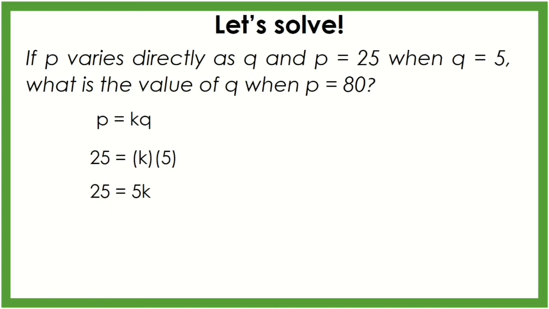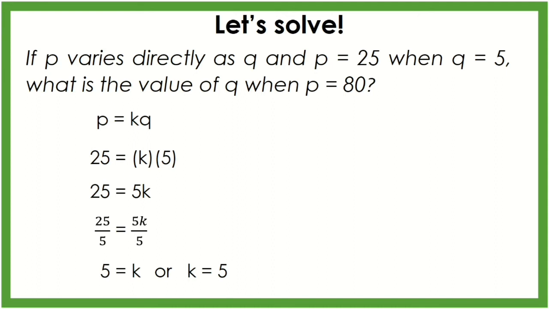And then, we apply the division property of equality. Divide natin both sides by 5 para ang maiwan sa kabilang side ay K. We now have 25 over 5 is 5. And then, we have 5K over 5 is K. Or, we have K equals 5.